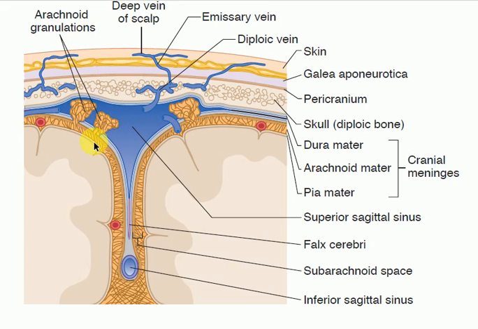It follows its concentration gradient, because there's greater pressure inside the subarachnoid space and low pressure inside the dural venous sinuses. So because of the hydrostatic pressure of the CSF, it flows from the subarachnoid space into the dural venous sinuses.